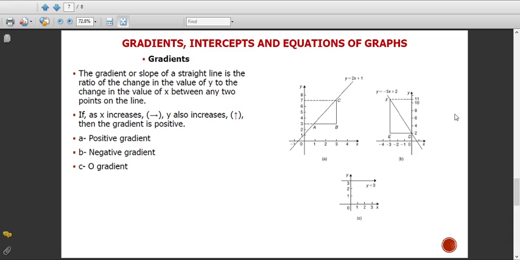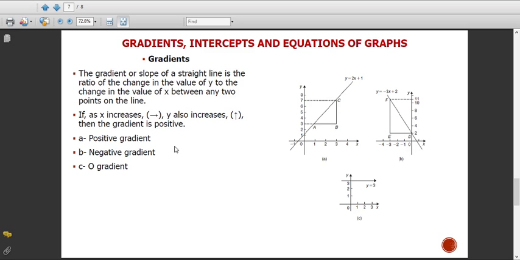And then if y reduces as x increases, the slope will always be negative.